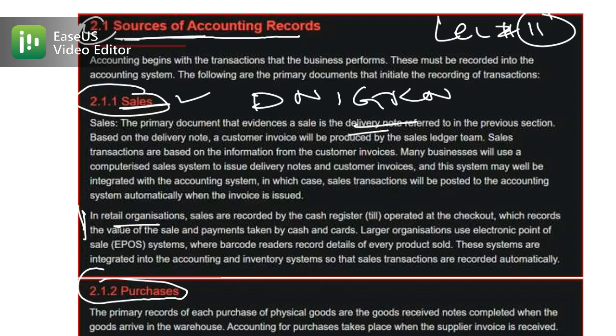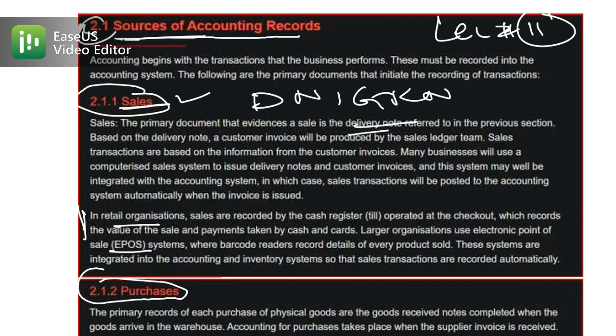But the bigger stores use what we call an EPOS system, that is electronic point of sale. These are the ones with the barcode scanners, and you scan an item, and the system instantly records the sale, updates inventory, and sends the data to the accounting system. So it's all happening in real time. So in retail, the sale is captured the moment the customer pays, and no delivery note or invoice is needed. So the till or EPOS system does it all.